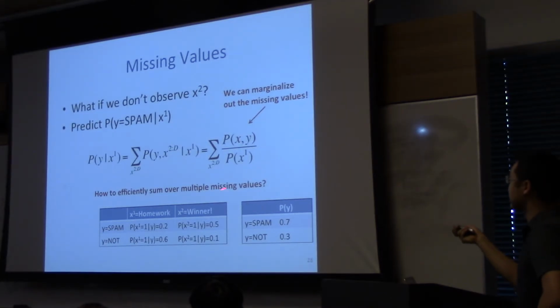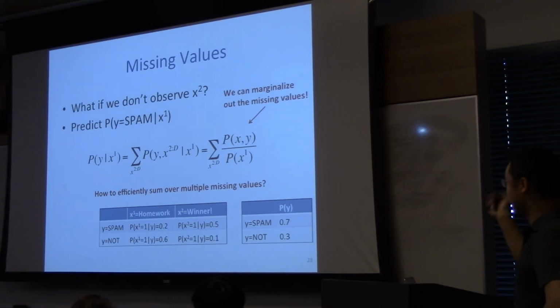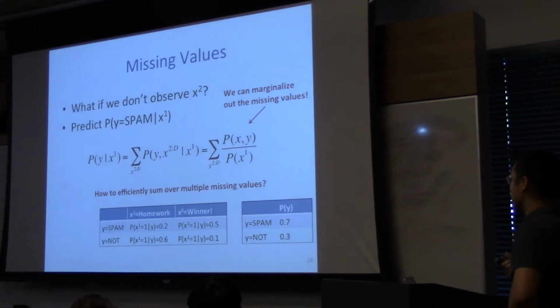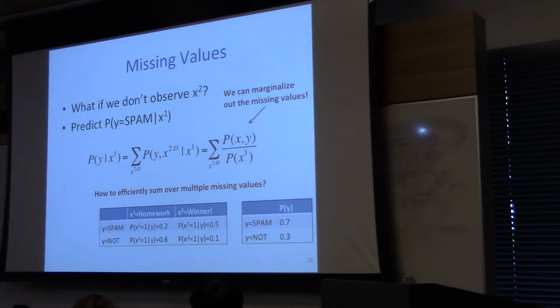It just says, I'm going to look at all possible values that the second feature can take, in this case two values, 1 or 0, compute this ratio and sum it up. And that, using just the various probability identities, will give you this. Why does this work? Because we have a joint distribution over x and y, so we know from the training data how frequently x2 happens. It's a little bit more complicated than that, but that's the basic idea.